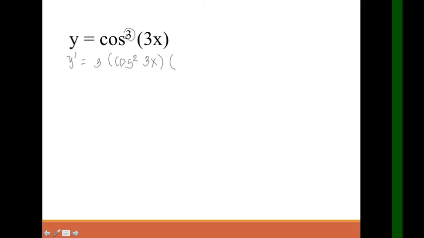Okay, alisin na natin ito. So, the derivative of cosine 3x is negative sine 3x. And what is the derivative of 3x? That's equal to 3. And fortunately, we cannot multiply cosine squared 3x and negative sine 3x. Okay, so we can just multiply 3 and 3. So we will be having an answer of, okay, may negative pala dito, no? I'm sorry. So kailangan natin alisin yan.